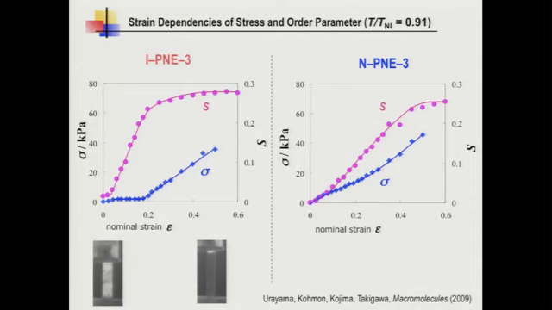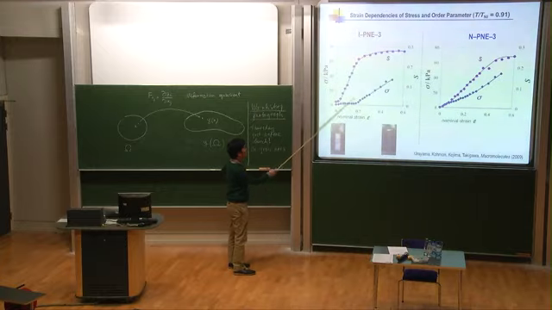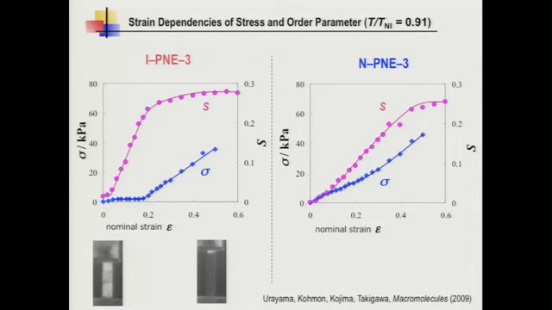In the case of isotropic genesis, up to 20% strain, we have a clear plateau region. But in these regions, the order parameter steeply increases and reaches a constant value. It corresponds to the monodomain state.